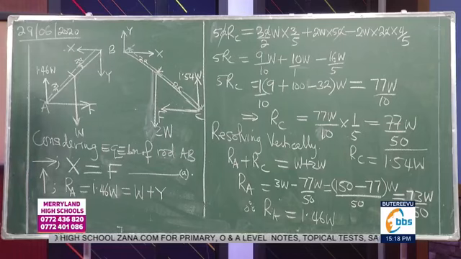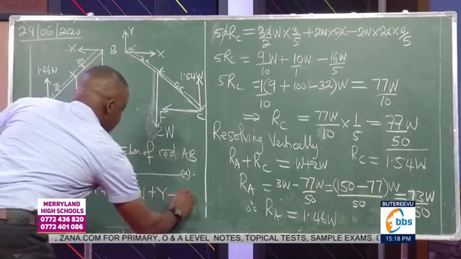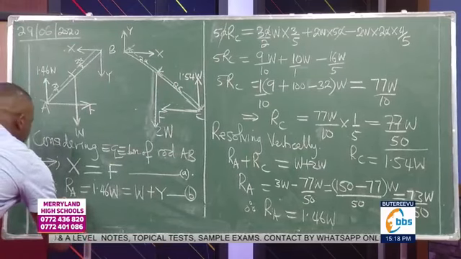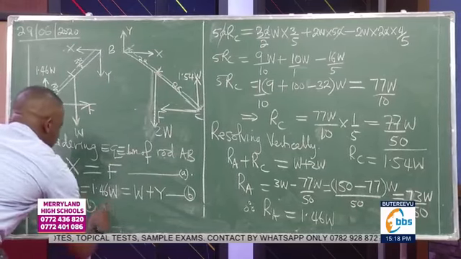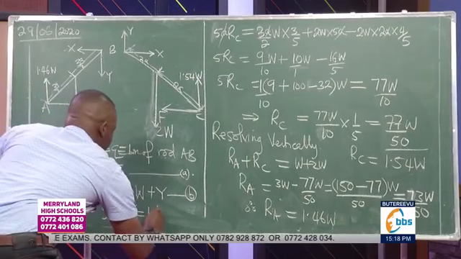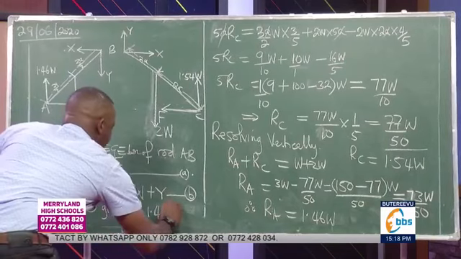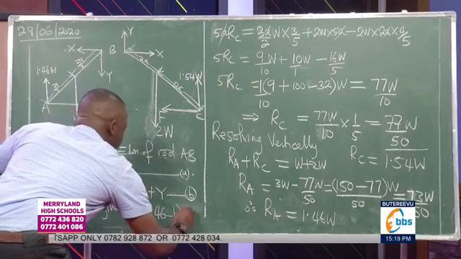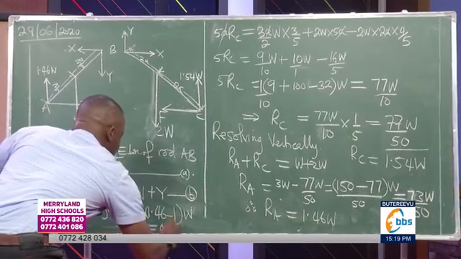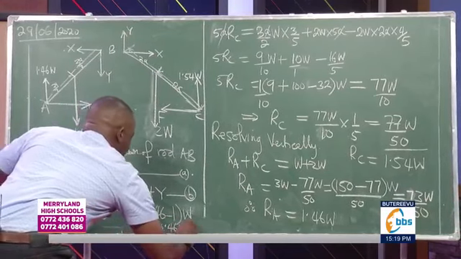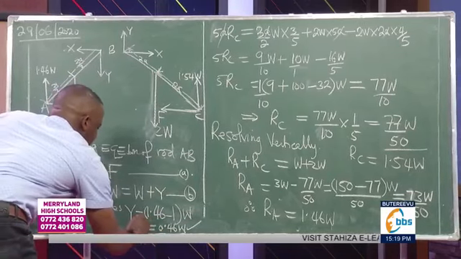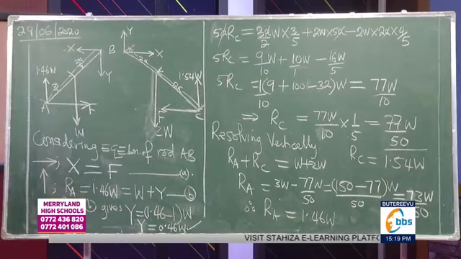And this will allow us to get the value of Y. This is equation B, but I will solve it straight away. Solving B gives us that Y is 1.46 minus 1 into W, which implies that our value of Y is 0.46 W. If you got your Y as 0.46, you can qualify it right.